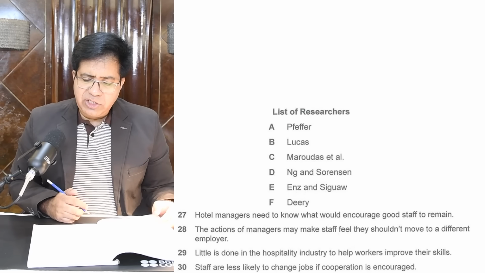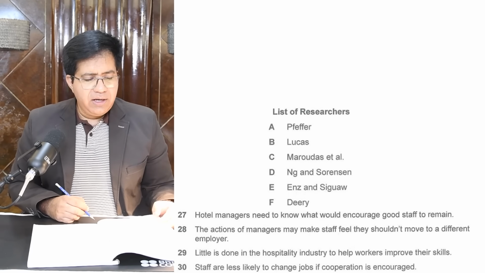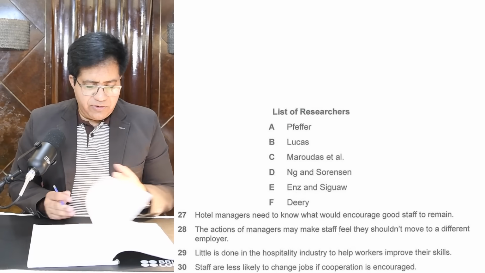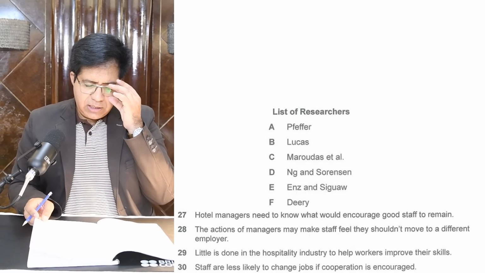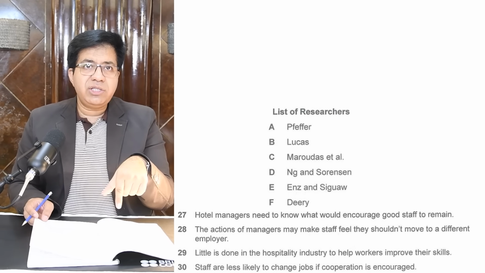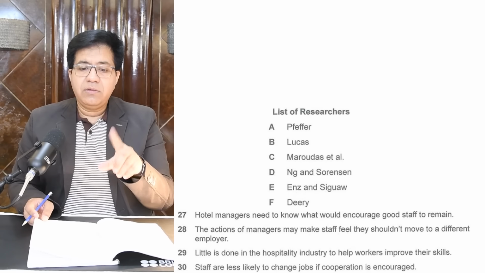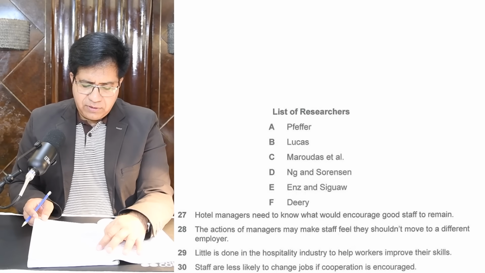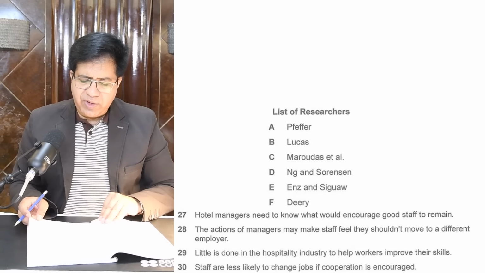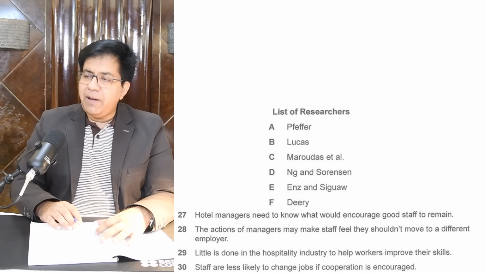After Marudas et al., what do we have next? Ng and Sensen. Where is Ng and Sensen? Title page, 4th paragraph? 5th paragraph. Ng and Sensen. Okay. Now please come to that.